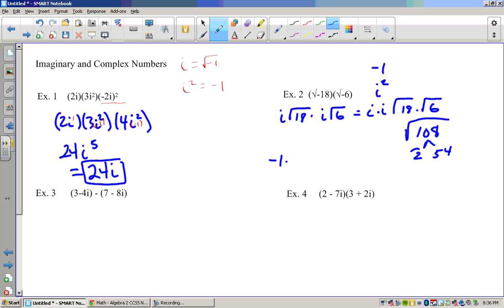I like to, again, circle my primes as I go. 54 is 2, which is prime, times 27. Well, 27 is not divisible by 2, but it is divisible by a prime that is 3, which is 3 and 9. And then from there, you get 3 and 3, which are both prime numbers. Now, as I look to simplify this, we talk about taking out.